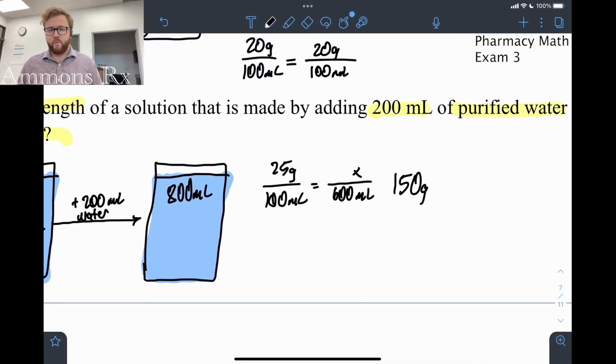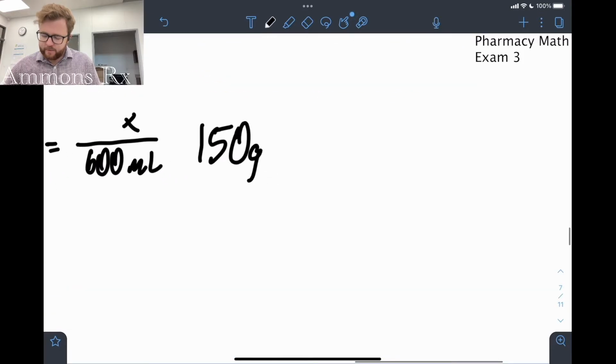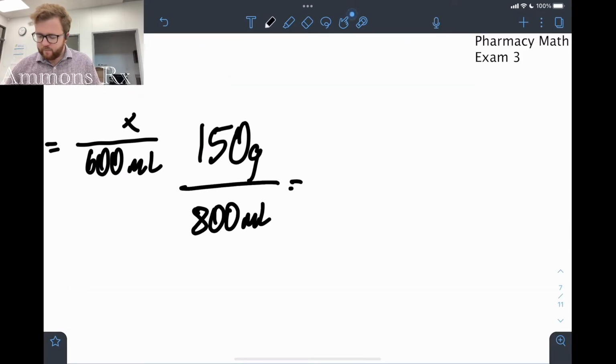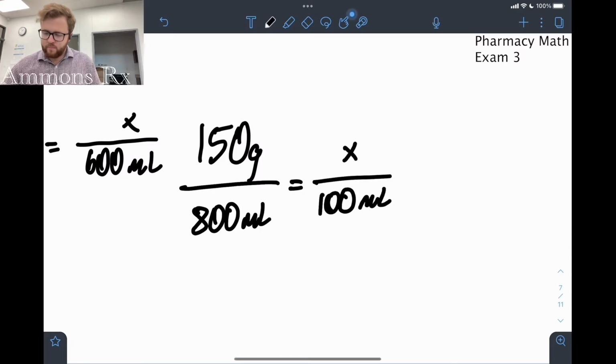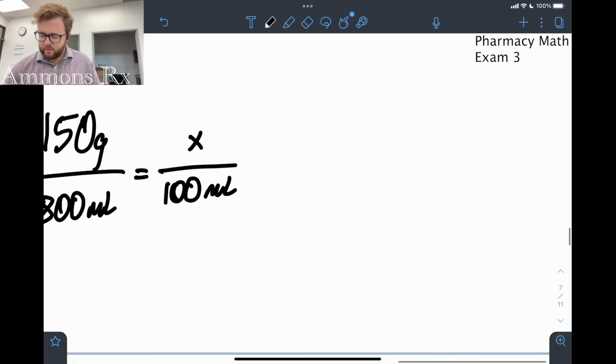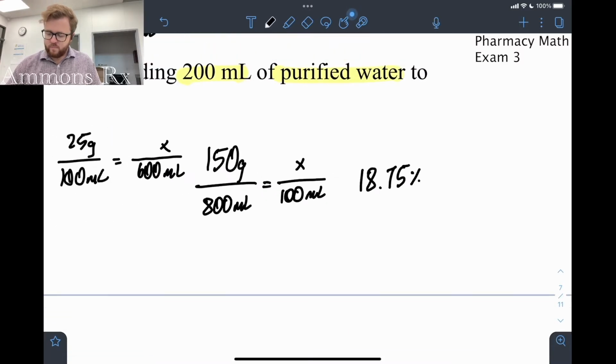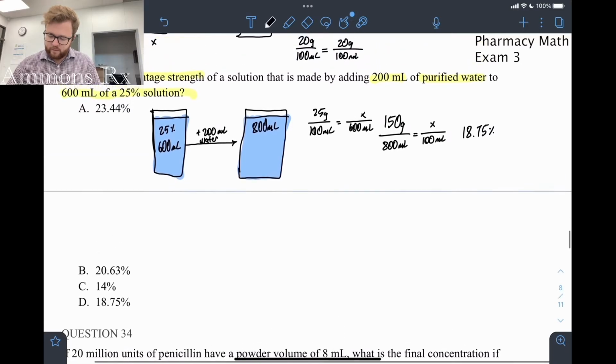In the end, we still have 150 grams. So our 150 grams is now over 800. What is the percent strength? You should get, there it is.